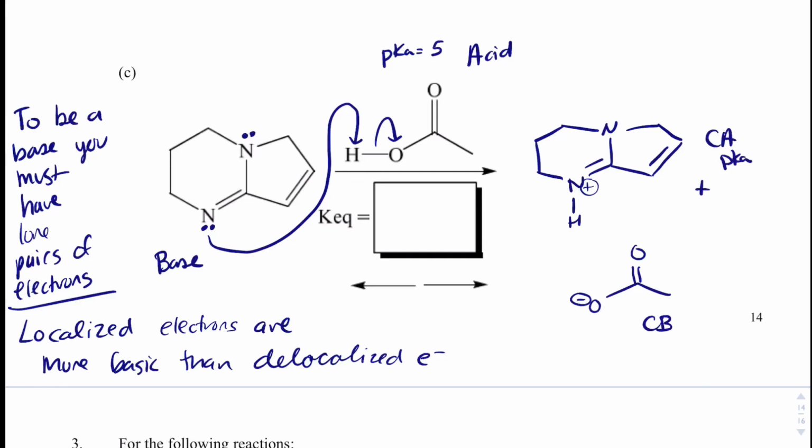The conjugate acid pKa is about 11. It's an amine group that's positively charged. So we'll take 10 to the 11 minus 5. We get 10 to the 6. This is product favored because its K value is approximately 1 million.